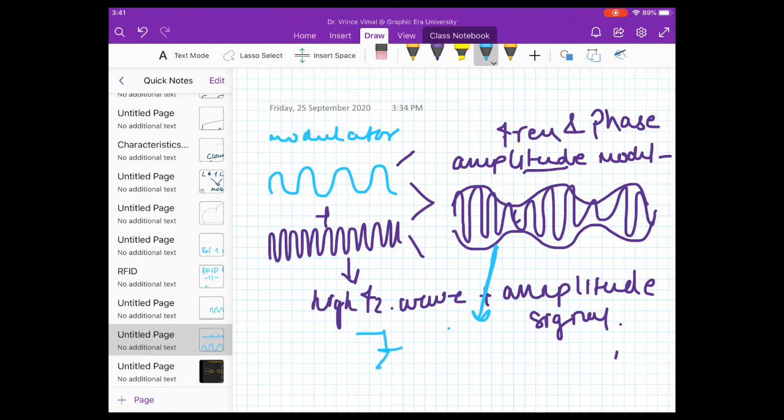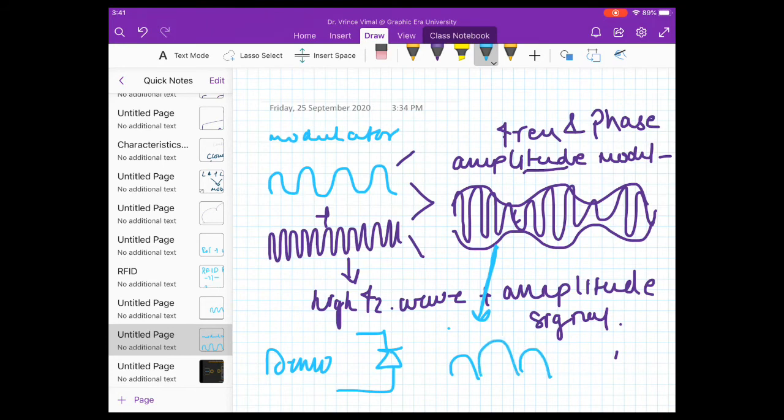Simply, an envelope detector, a diode, can be used. This is a very simple form of demodulator. Diode, I hope you remember, whenever it is positively charged, acts as a half wave rectifier. If you remember, this is the wave for a half wave rectifier. It switches on for 1 cycle, and it switches off.